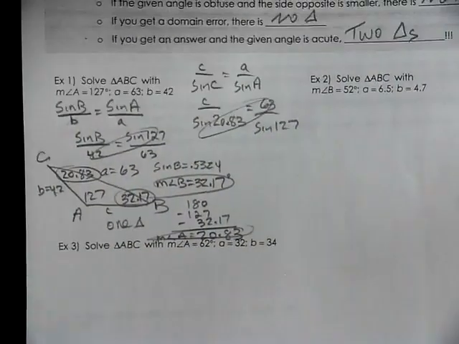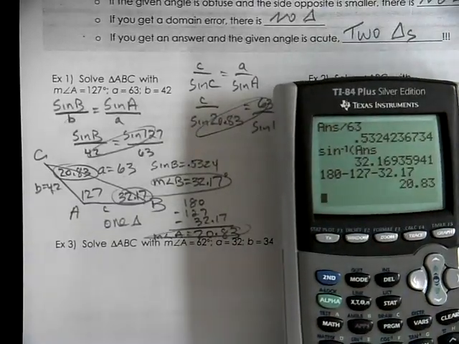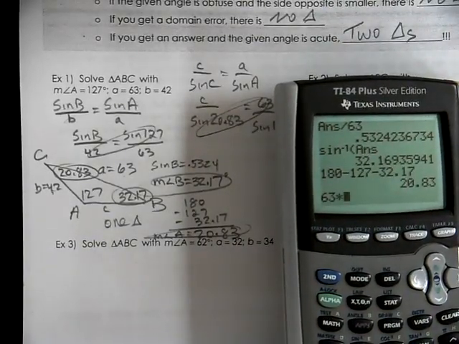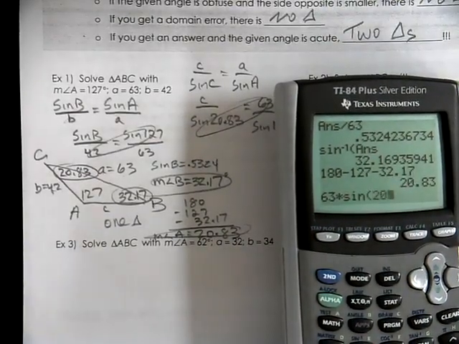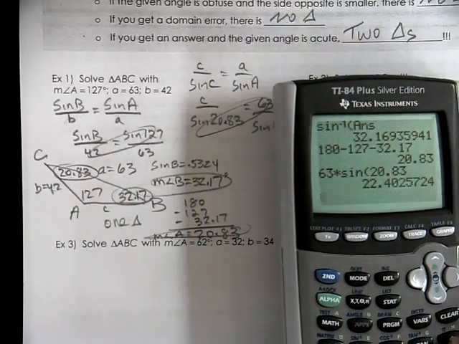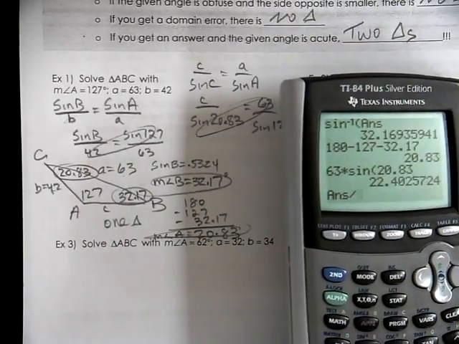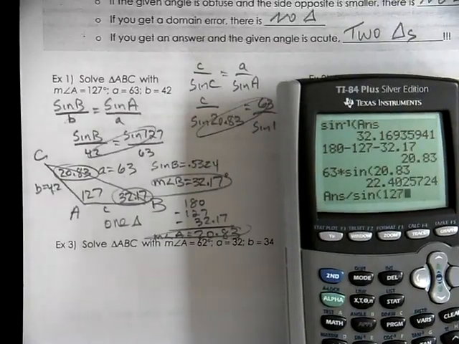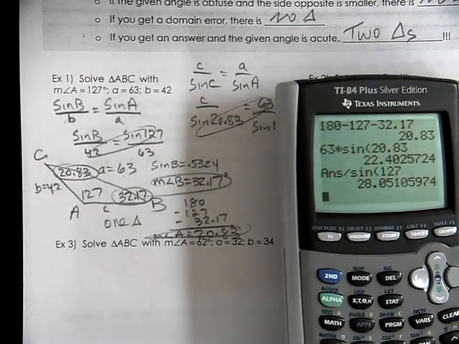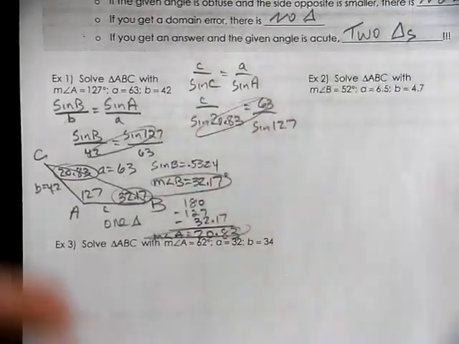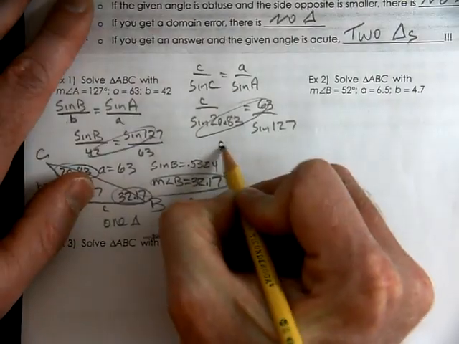And we cross multiply. 63 times the sine of 20.83 divided by the sine of 127 gives us a length of 28.05.